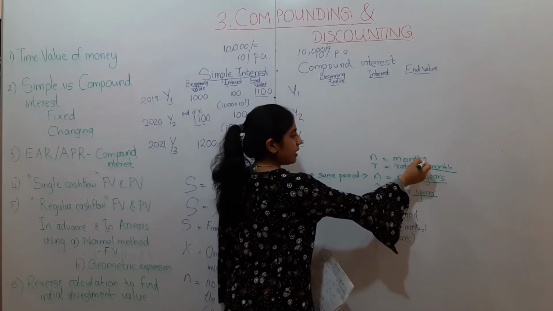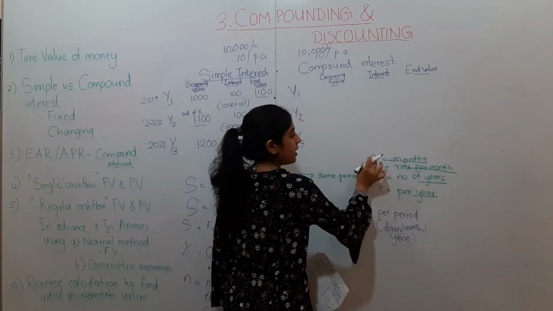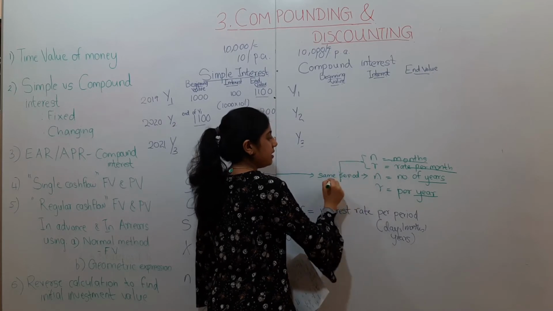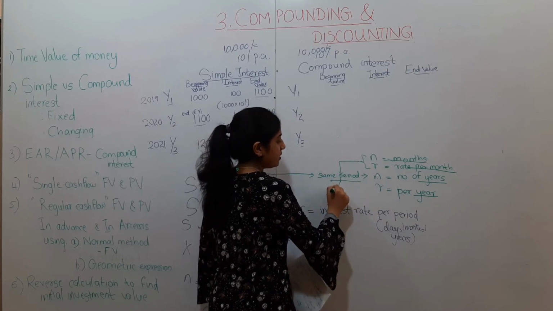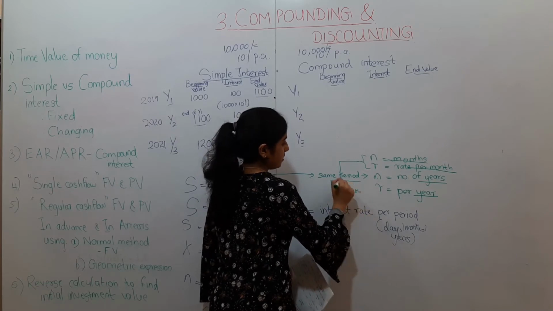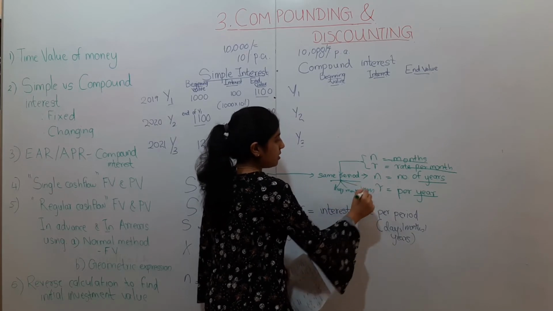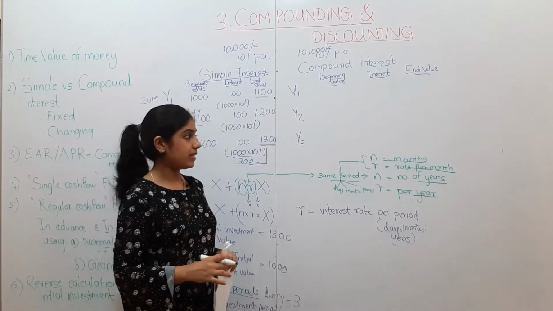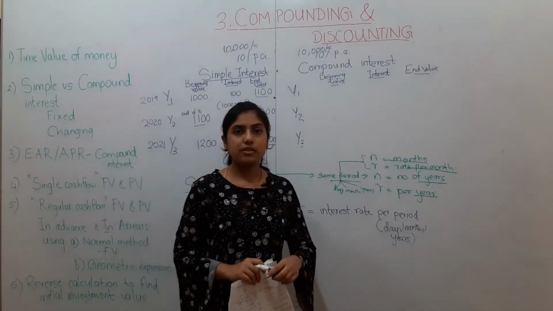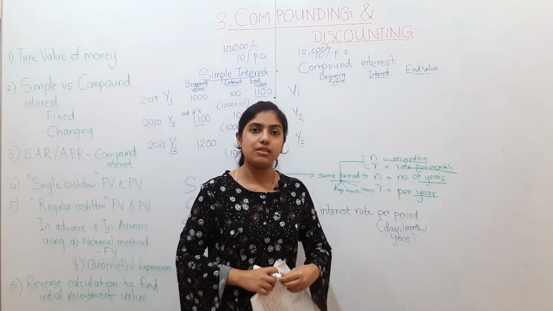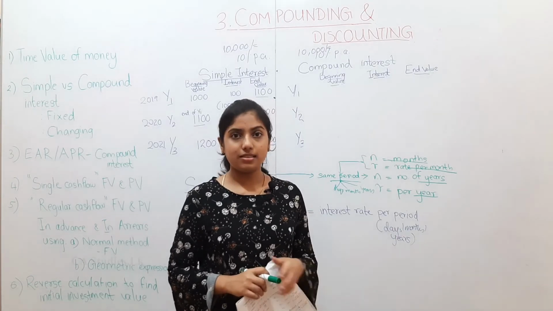So whatever is here should be here as well. n and R must be of the same period type, either days or months or years. This is the point where children make mistakes, because the question sometimes gives you the monthly interest rate, but the investment period in years.